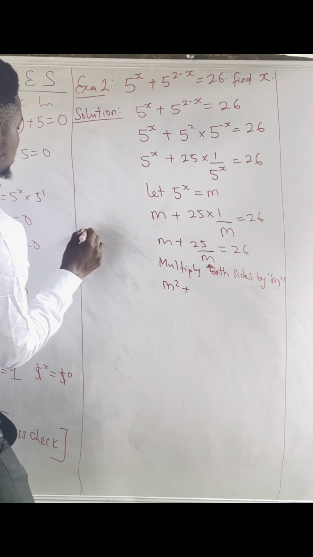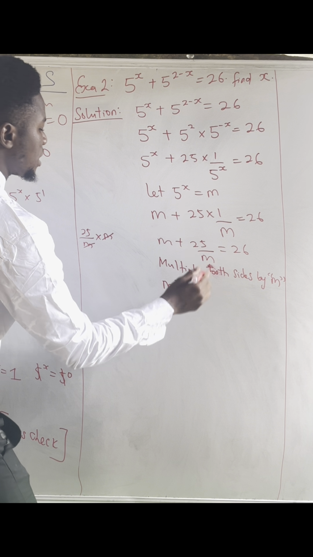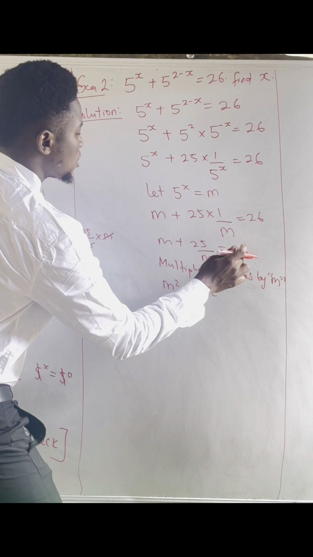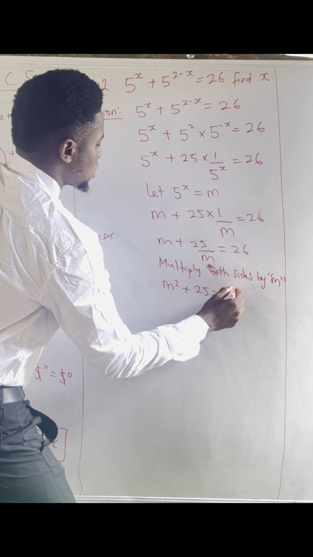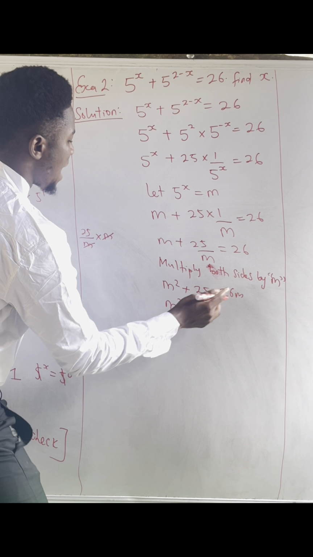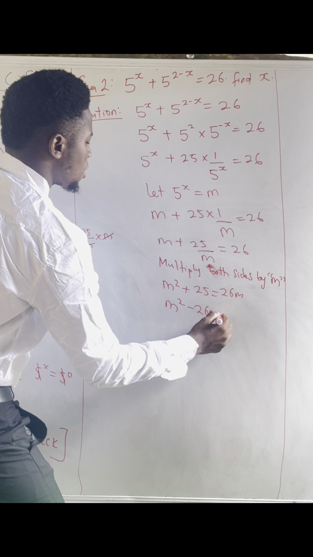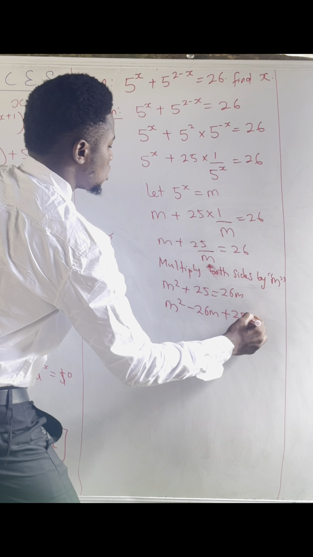If I write something like this, 25 over m times m, the m will cancel m, so this will remain 25. Then 26 times m turns to 26m. I'm going to bring this 26m to the other side. So m squared minus 26m plus 25 is equals to 0.